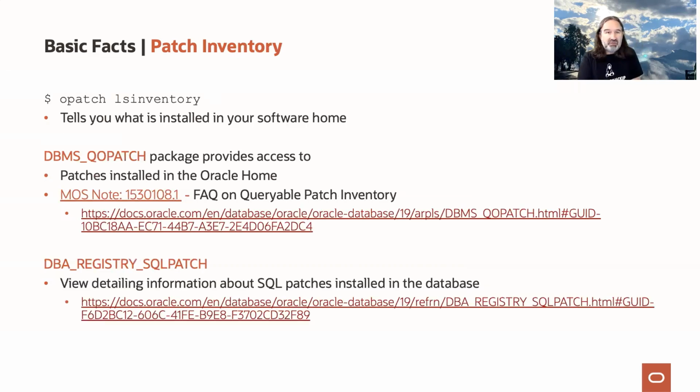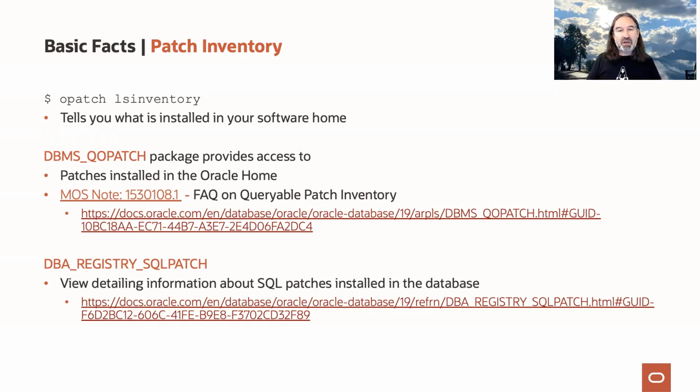Now, very important, when you apply a patch, the patch binary, we have an inventory on disk, and the inventory can easily be queried with opatch lsinventory, and it tells you which patches are applied. Make it also a rule when you open a service request. It's almost always helpful to just upload your opatch lsinventory as well, because this gives support a clear view on which patches you applied.